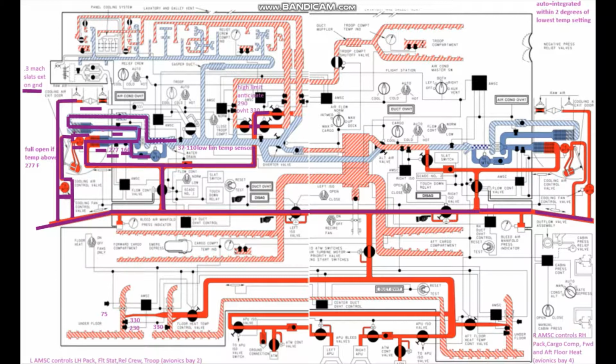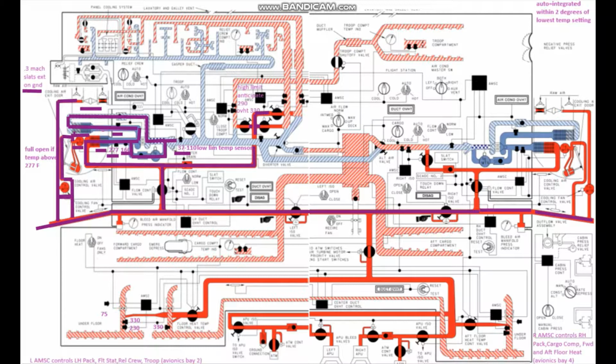And so the partially cooled bleed air down here that I was talking to you about will make its way up here based on the AMSC's input signals to that torque motor, and it'll mix in with the supercooled air. What they're trying to do is maintain a temperature just above freezing, so 37 degrees at the outlet of the water separator.